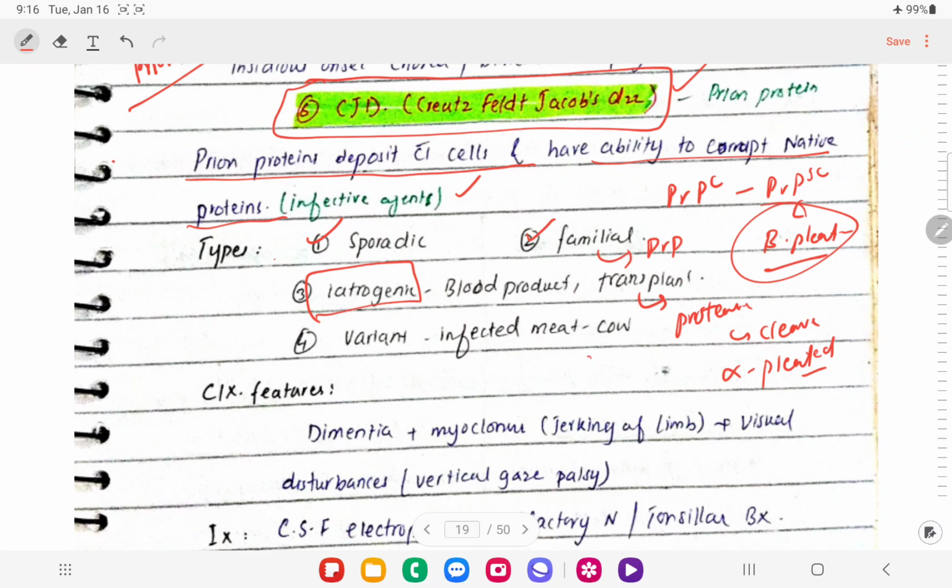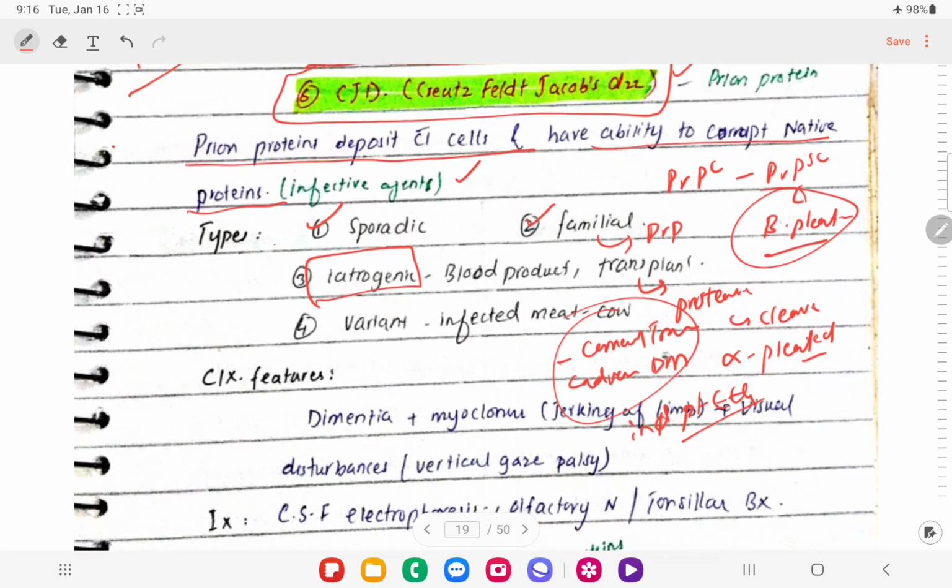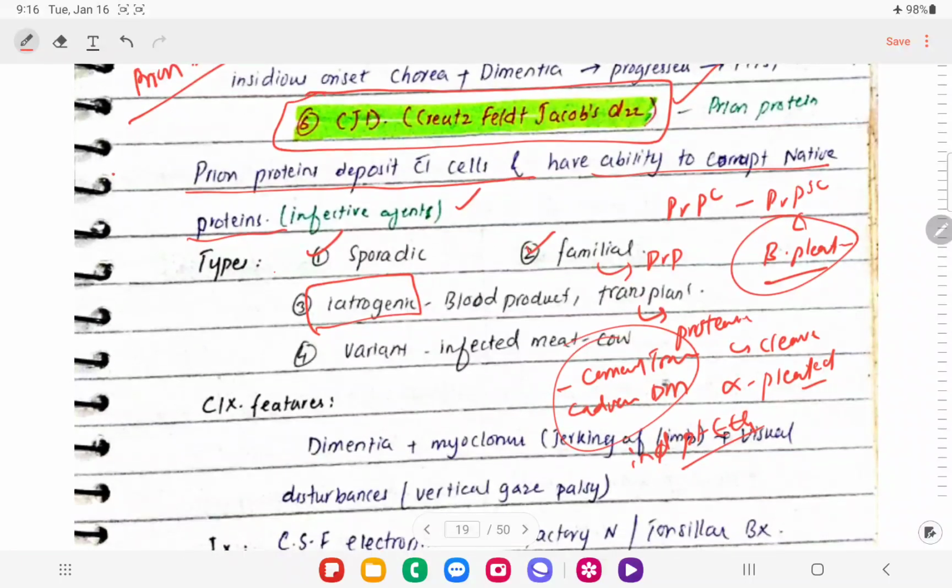So if we do a corneal transplant, or if we do a cadaveric dura mater transplant, right? Or if we put in depth EEG electrodes, this is how it is going to spread to the recipient, right? So we have vCJD, called the variant form of CJD, right?